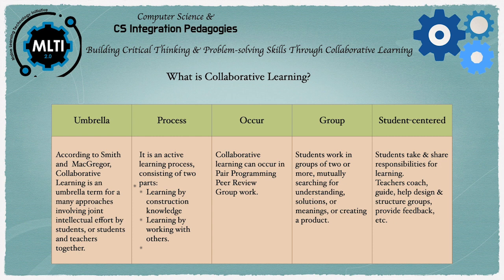Collaborative learning can occur in pair programming, peer review, or group work, and is closely tied with learning by teaching, problem-based, project-based, and computational thinking. In the computational thinking approach, a problem is systematically decomposed into smaller parts, which is itself a problem-solving approach.